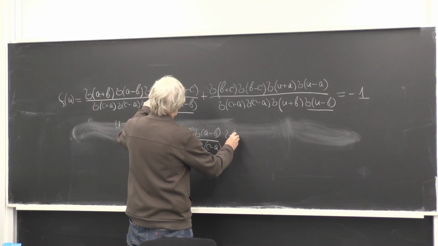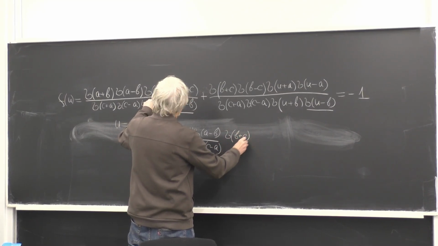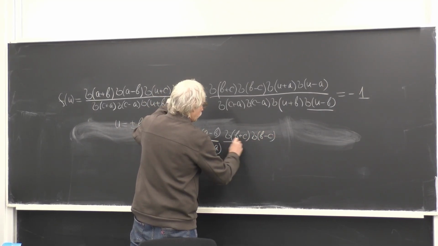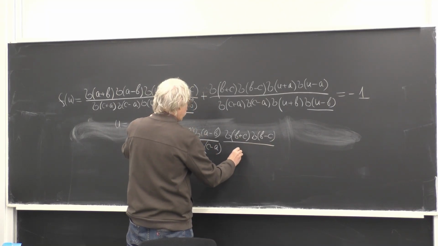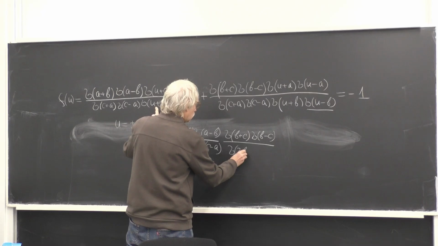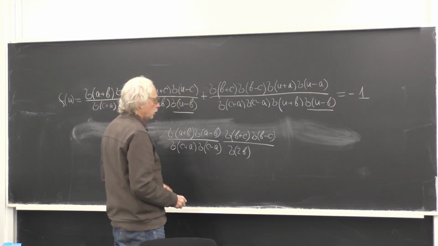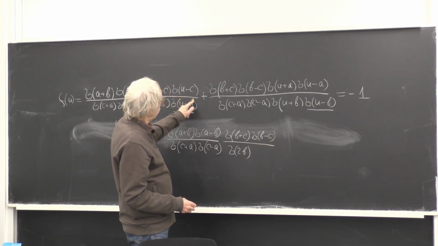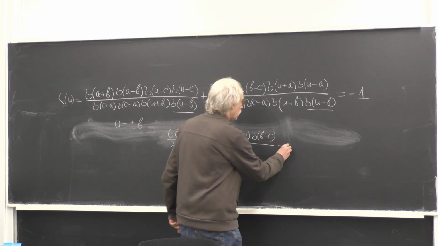We substitute b instead of u here and here, and here we have sigma of 2b. This is the coefficient in front of this pole.